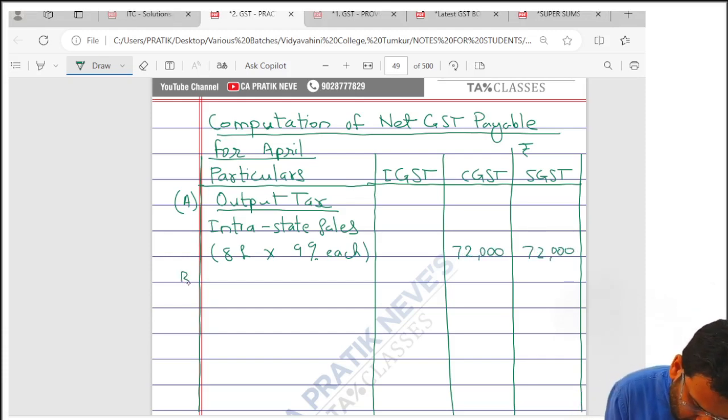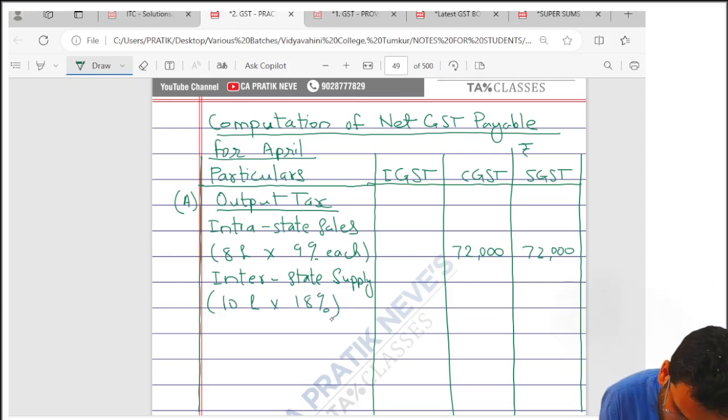B point, not B, inter. Please tell me the interstate supplies amount. So interstate supply is 10 lakhs. So 10 lakhs into 18%.